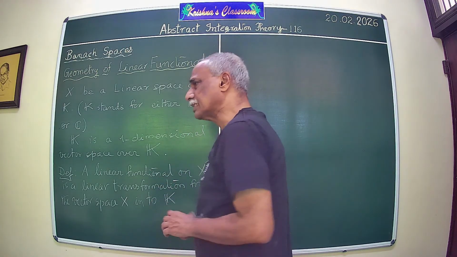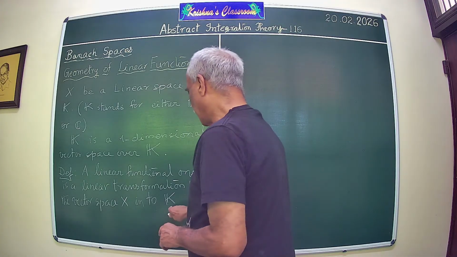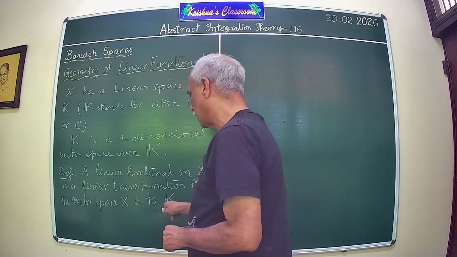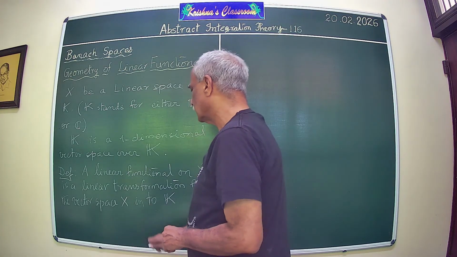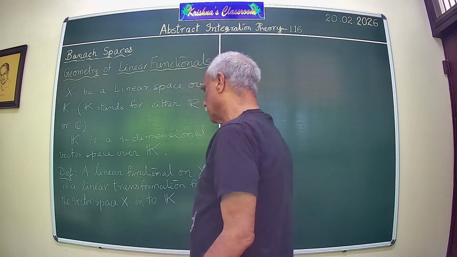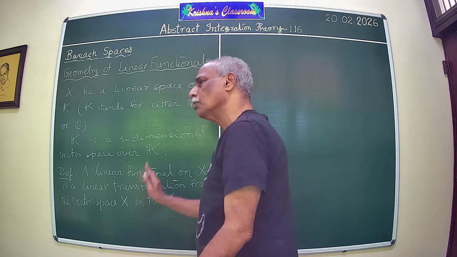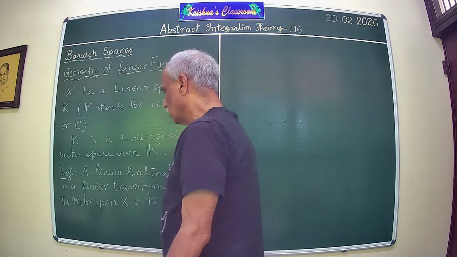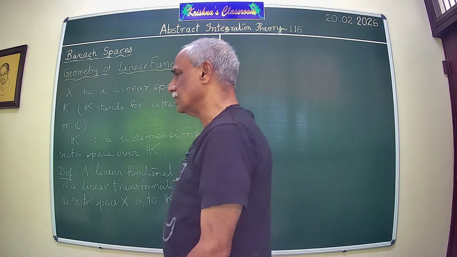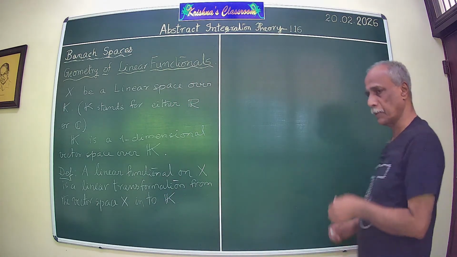If the linear function is trivial, that means the zero linear function, then it is a map from X onto the zero element of K. Otherwise, it's a linear map from X onto K. So there are two situations here: either it is into or onto, properly into or onto. And it is into only when the map is the zero linear transformation.